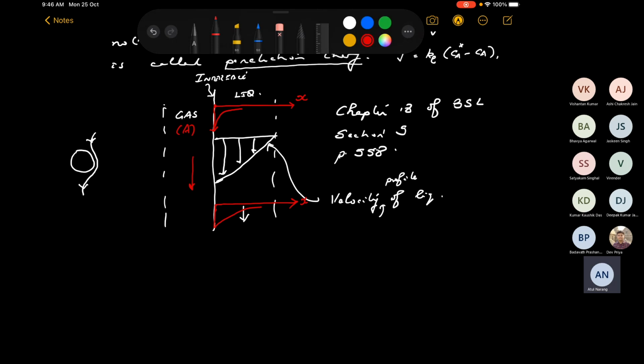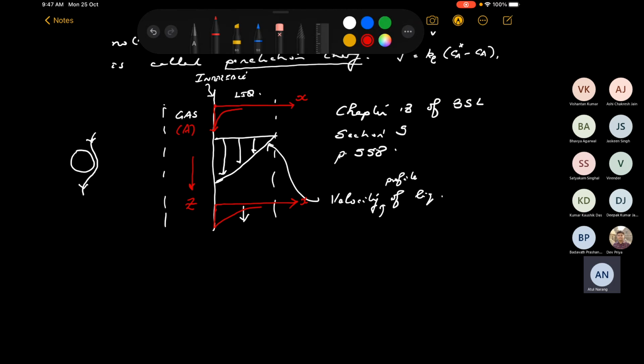The gas A permeates further and further in the x direction and ultimately stabilizes at very long lengths. The film theory assumes we are looking at the picture after the profile has stabilized after long propagation in the z direction, whereas the penetration theory says there is only a short contact, so the contact time becomes an important variable.